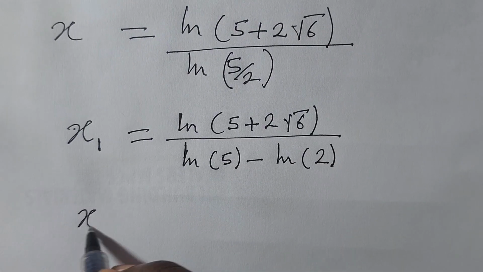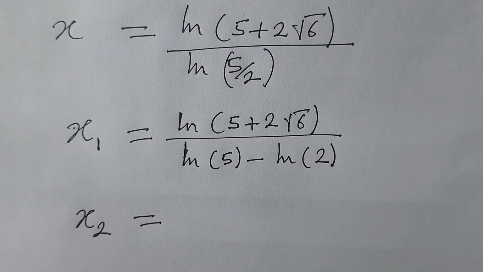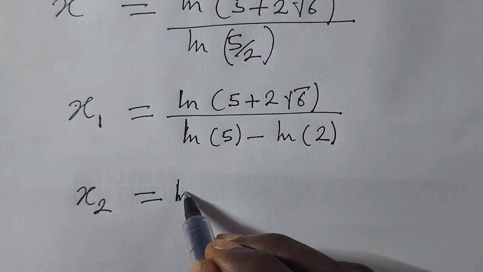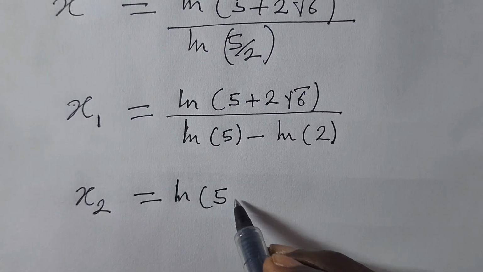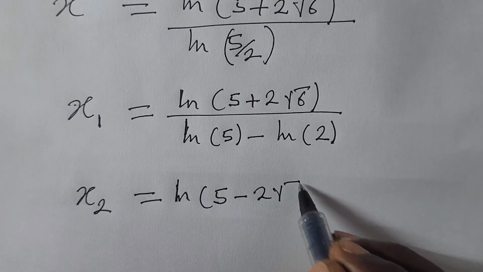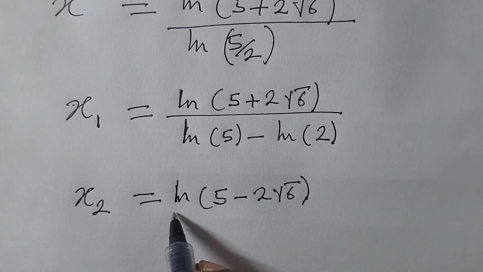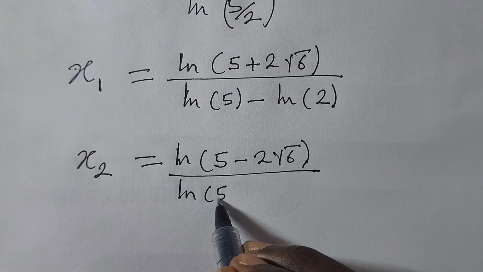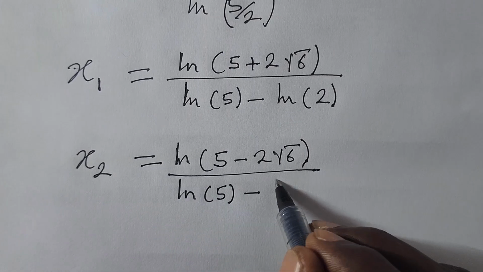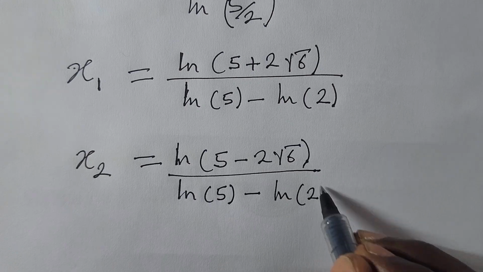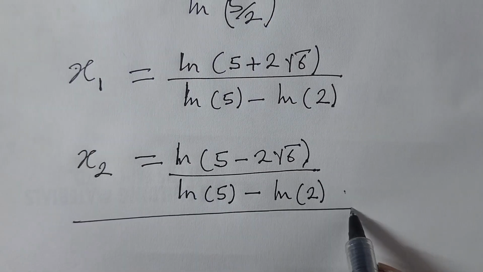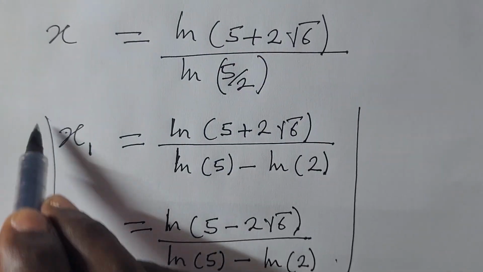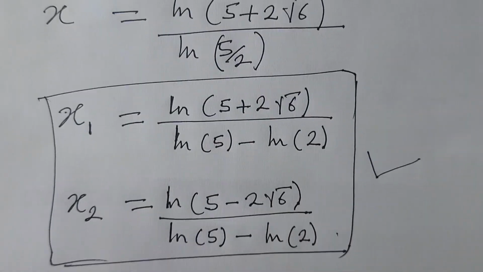Our x2 is going to give us a similar answer, the only difference is that this will take minus. So x2 is the ln of bracket 5 minus 2 square root of 6 close bracket all over ln of 5 minus the ln of 2. So these are the two values that will satisfy the original equation.